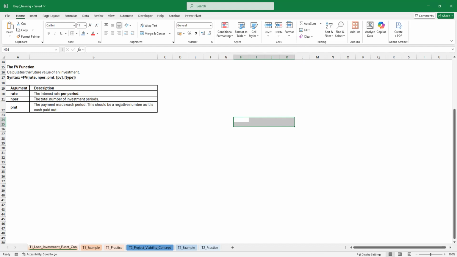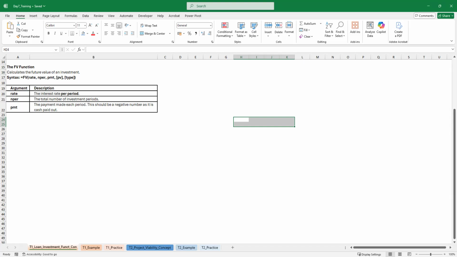Then we will go into the capital budgeting functions used to evaluate profitability of a project, which are NPV, net present value, then IRR, internal rate of return. These functions basically help businesses decide if a potential investment is financially viable or not.